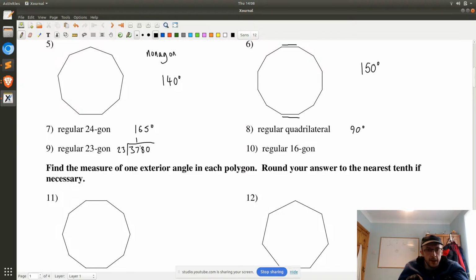So we have 1 there, 4 there, 6 there, 1 0 there, 4 there.